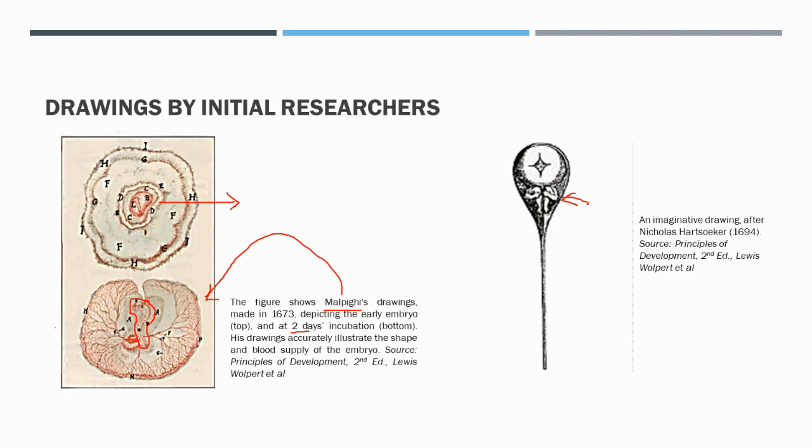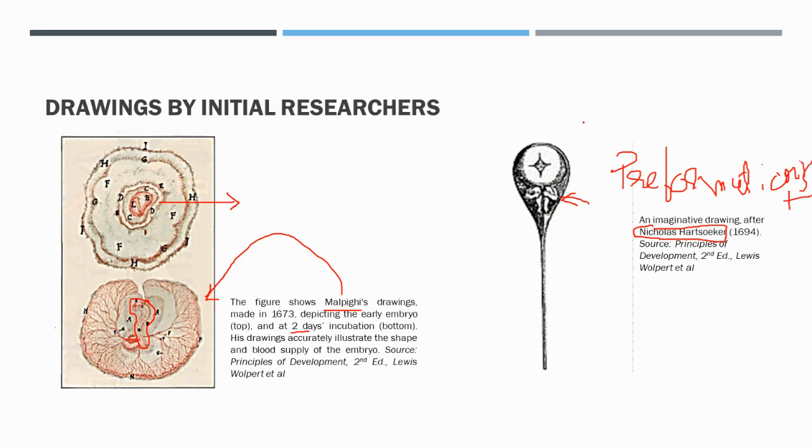This tiny person is what we call an animalcule. This is a figure that has been drawn by Nicolaas Hartsoeker in 1694, supporting the preformationist theory. But this is not the true way in which development actually proceeds. So this is not true.